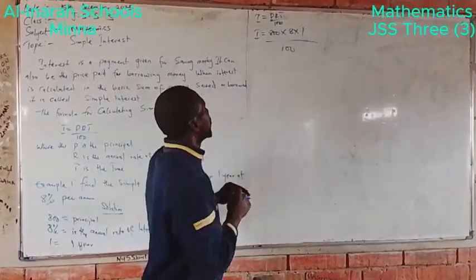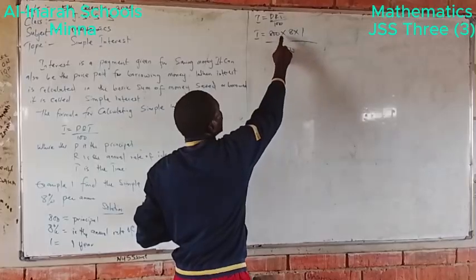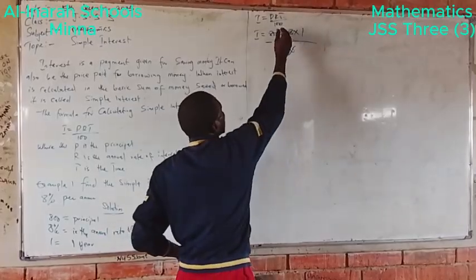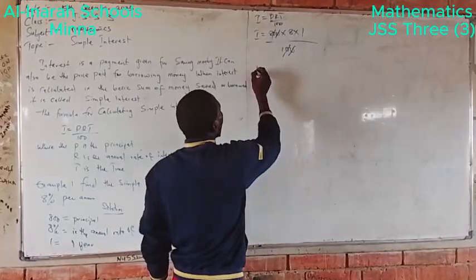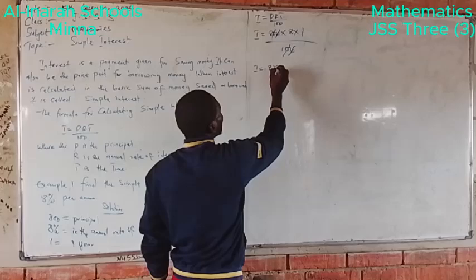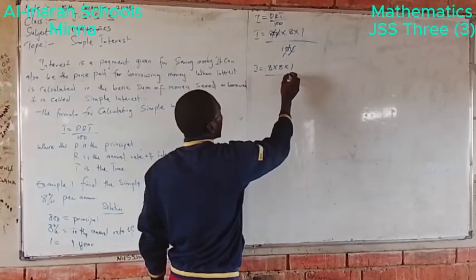For us to calculate this, looking at it, we can say this 0 should cancel this 0. This 0 will cancel the first 0, and this second 0 will cancel the second 0. Now we have I is equal to 8 times 1 over 1.